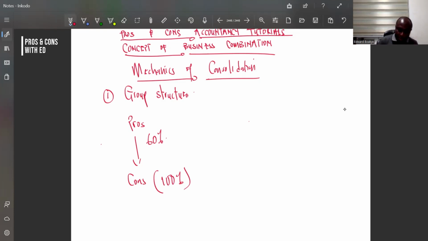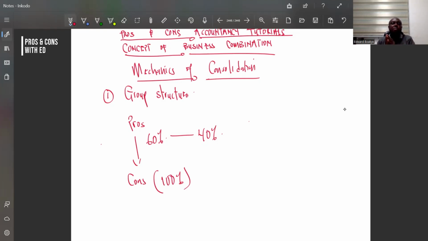Pros, who is the parent, will hold 60, whilst the NCI here, not Cons again, because it is the Cons company which has been separated into parent and NCI. If you purchase 60 out of it, whatever is left, we call the non-controlling interest, the interest that Pros does not control anymore.